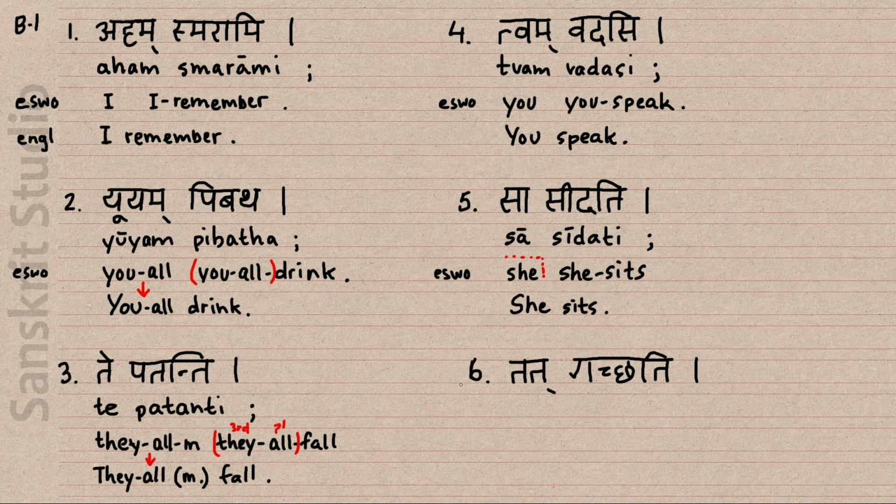Number 6 then. We return to our solving of our exercises here. Tat gachati. And it, well, we can do tat, and we do so gachati, well, it's about going, so it goes.